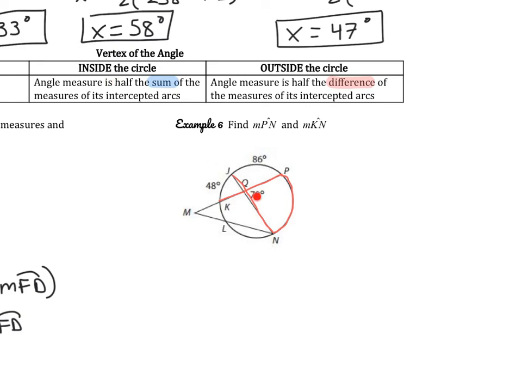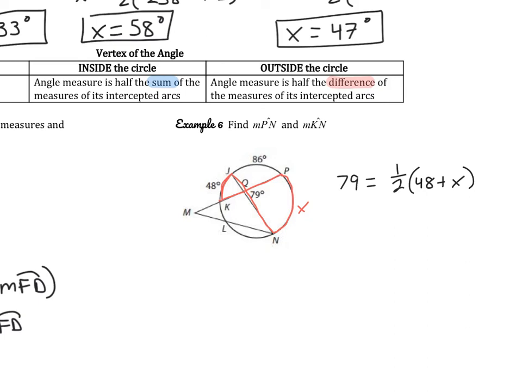So the measure of the angle should be half the sum of the two intercepted arcs. So we see the angle is 79 degrees. And again, it should be half the sum of arc JK and then arc PN. So we'll say 48 plus, I'll call this X.